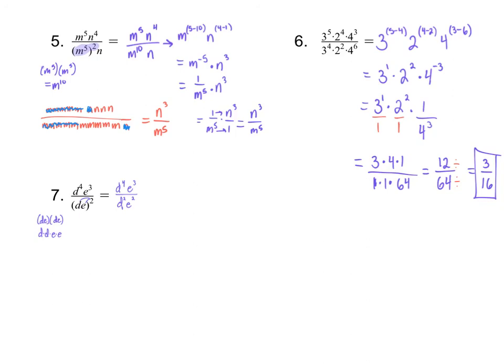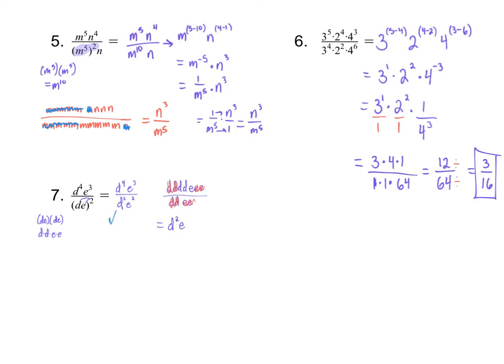So if we just expand this one out, d times d times d times d times e times e times e over d times d times e times e. And again, because everything's multiplying, that's what allows us to cancel. So d times d cancels with a d times d, and e times e cancels with an e times e, and we are left with just d squared times e.